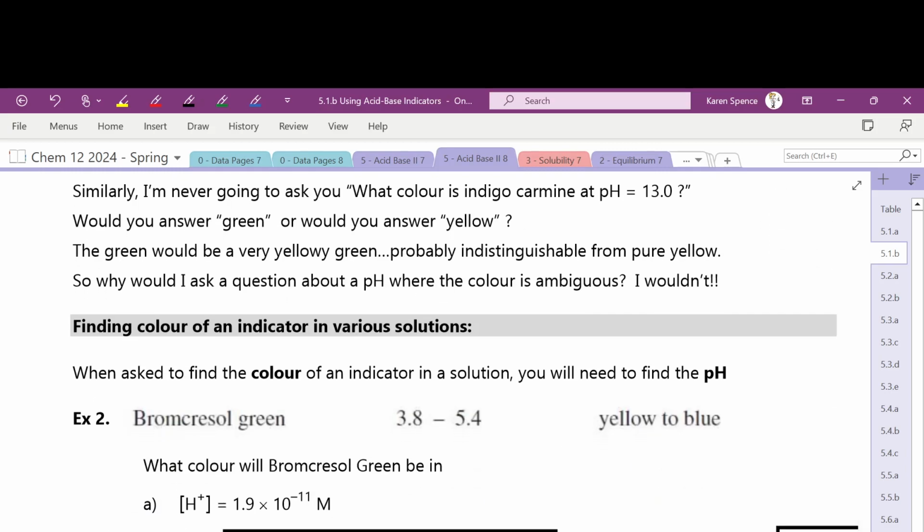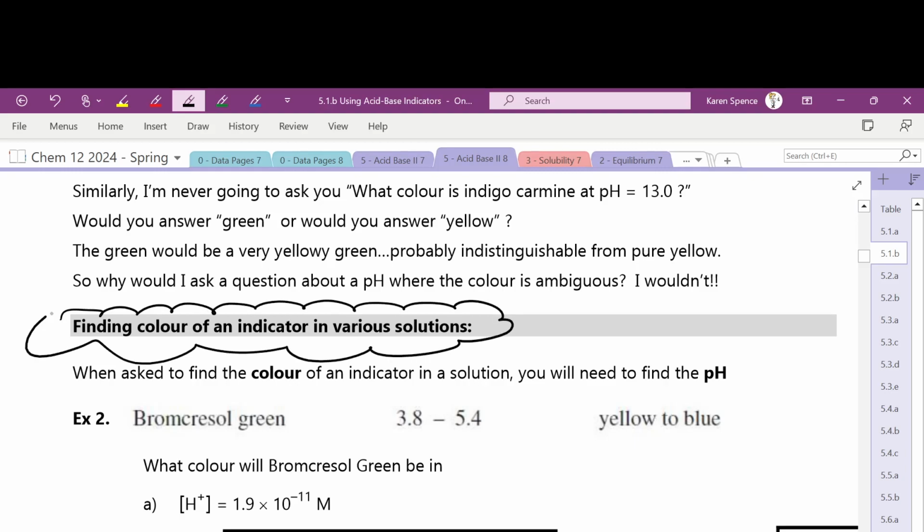All right, here are some other examples. You might also be asked to find the color of an indicator in various solutions, which will require you to remember all your tools from acid base 1.